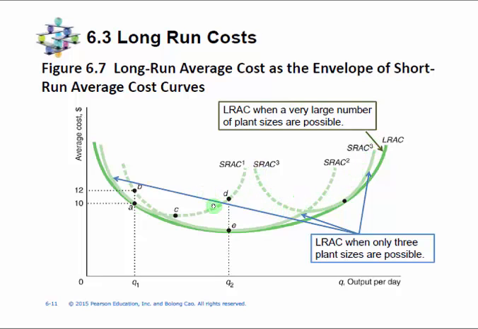So if you only have these 3, what we will have is this long-run average cost, the light green one, enveloping, covering the 3 short-run average cost curves. And when you have a large number of different scales, you have this darker green envelope line for the long-run average cost.